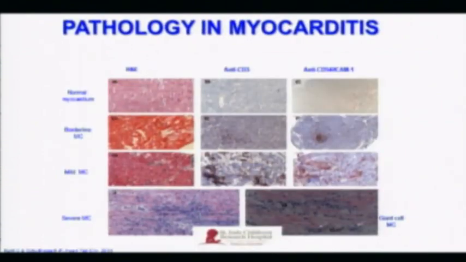In the US, we really mostly use the straightforward microscopic studies. Here is what normal myocardium looks like, depending on what it is you stain it for, versus borderline, mild, and severe disease. All of this other stuff really isn't going to matter. I mean, when you see this or this, you're going to make the diagnosis.